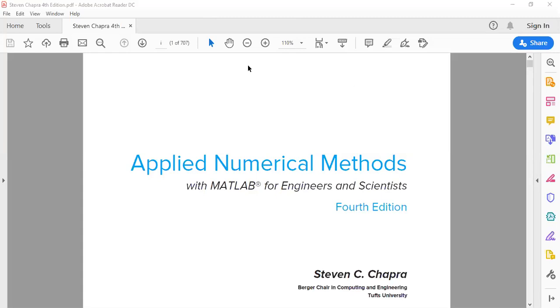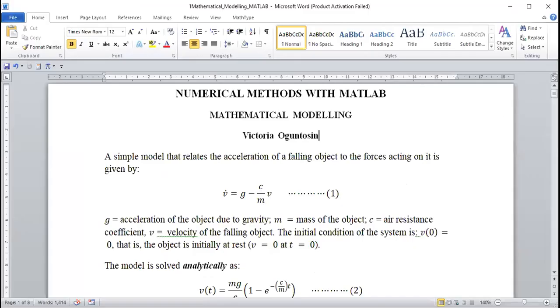Let me share my screen for the lecture for today. I'm going to be talking about mathematical modeling using Visual Basic with Excel and MATLAB. We're going to start with this model, which relates the velocity of a falling object.